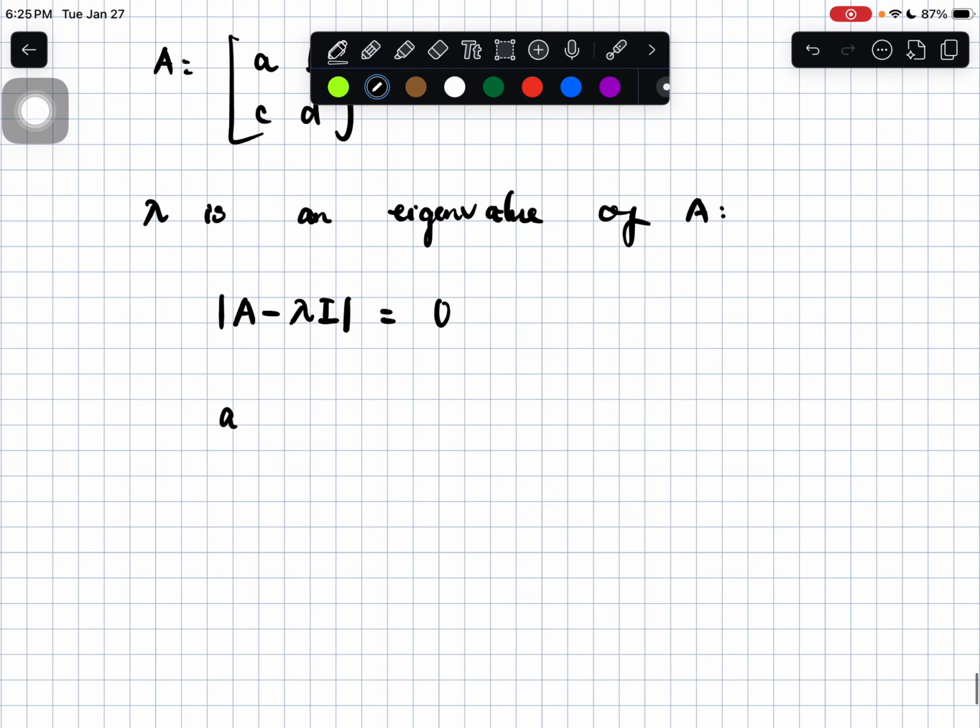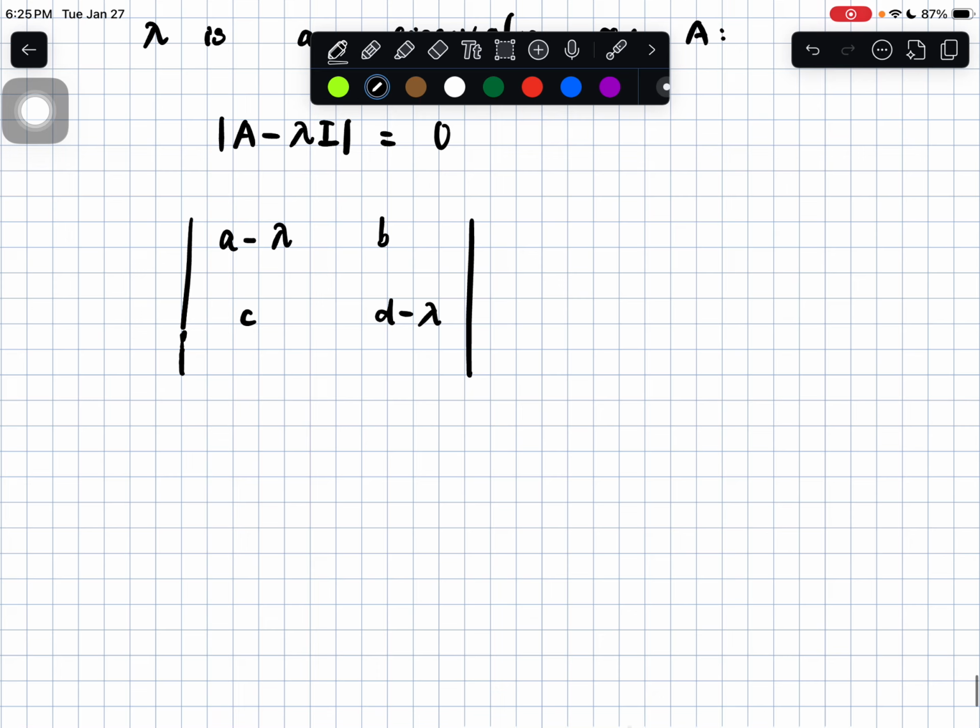In our case, we have the matrix with entries a minus lambda, b, c, d minus lambda. The determinant of this equals 0. The determinant of this is lambda squared minus (a plus d) lambda plus ad minus bc.